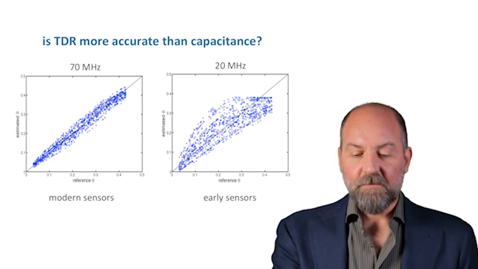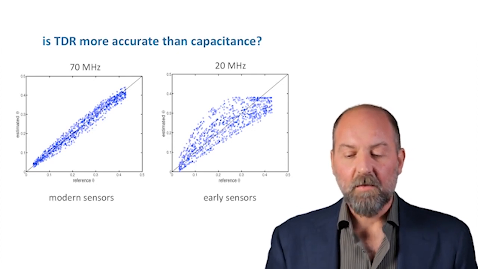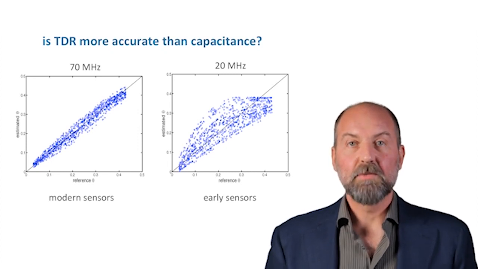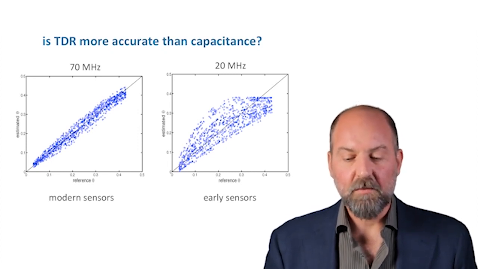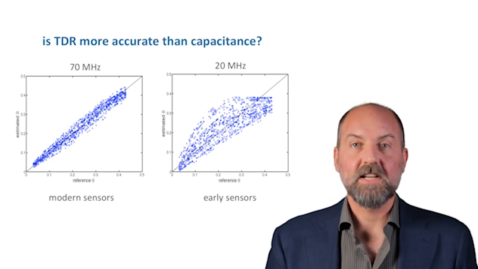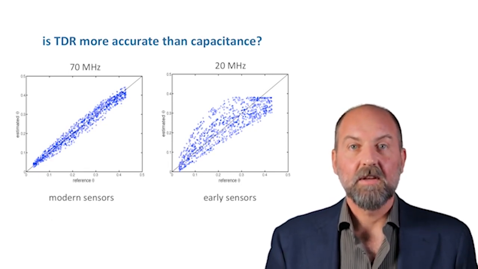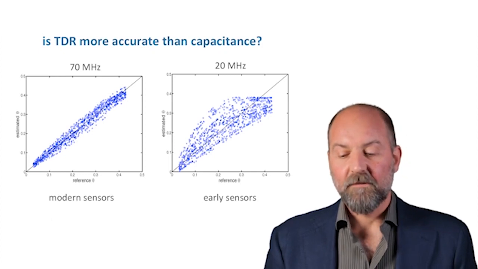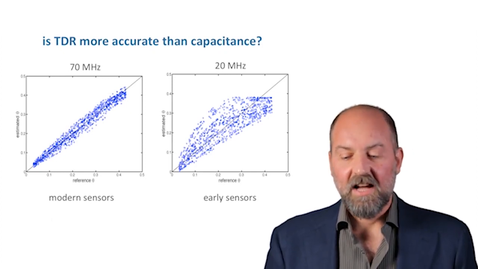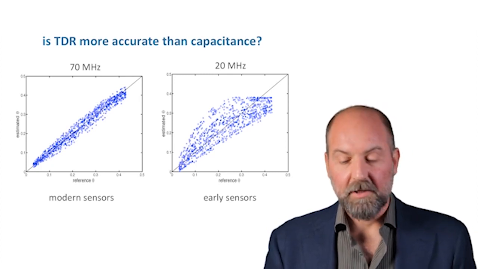Now, as you can see, when that frequency is so little, the scatter between permittivity and water content becomes very large. And so the expected error probably makes that technology unsuited for most practical application.